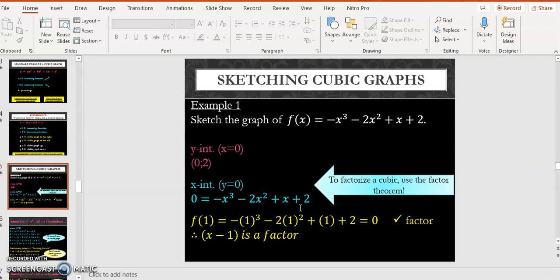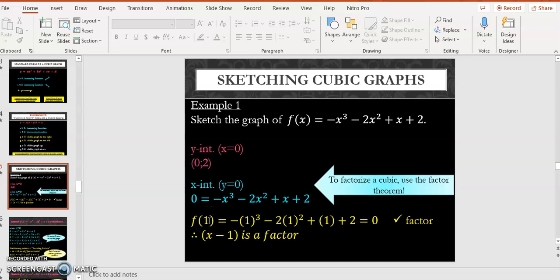So you substitute a value into it. If it gives you 0, it means 1 is a factor. For instance, if I substitute 1 into this one, I'm going to get this and that and that, and everything gives me 0. So 1 is a factor.